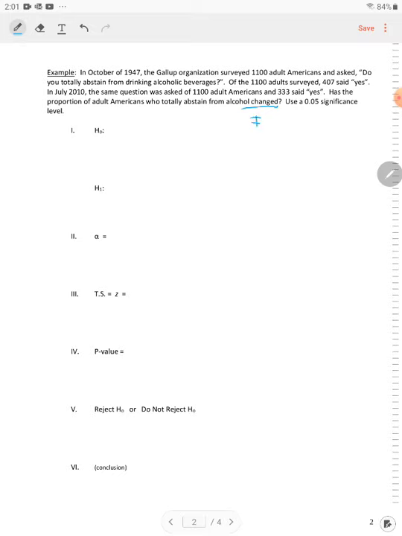So what we have is x1 and n1, x2 and n2. We'll let x1 be the first set of data, so that will be 407, 1,100. x2 will be the second set of data, 333, 1,100.